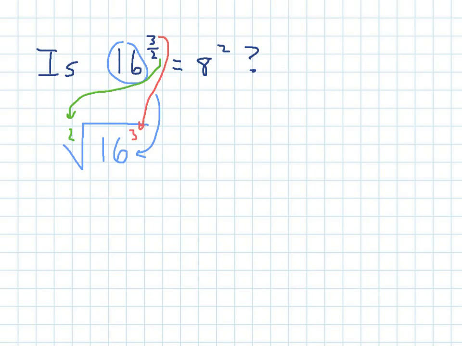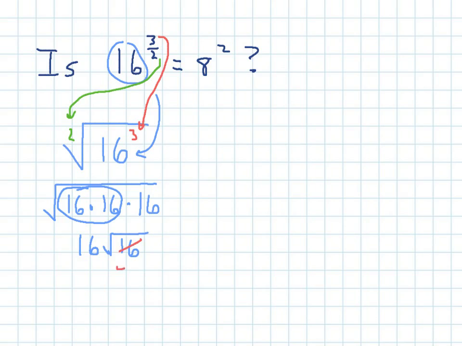So what I have over here is the square root of 16 times 16 times 16. Because it's square roots, we pull out in pairs. So I'm going to pull out this pair of 16. The square root of 16 is equal to 4. So I'm left with 16 times 4, which equals 64.